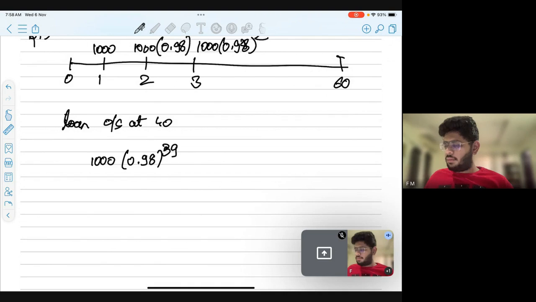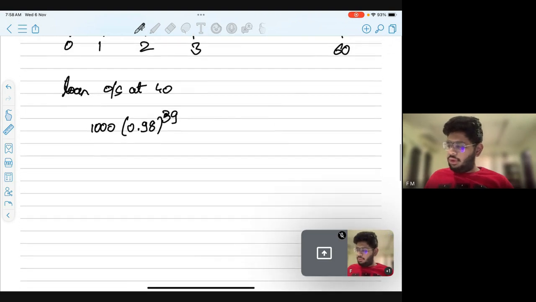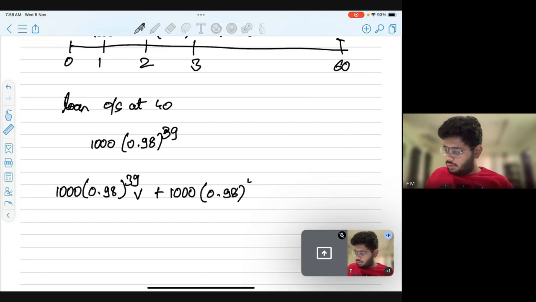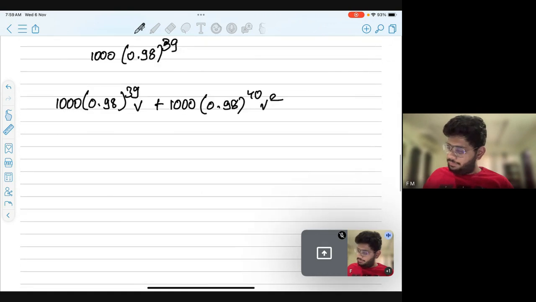What will the equation of value look like? 1000 v plus 1000 times 0.98 v squared plus 1000 times 0.98 squared v cubed and so on, up to v to the 20.